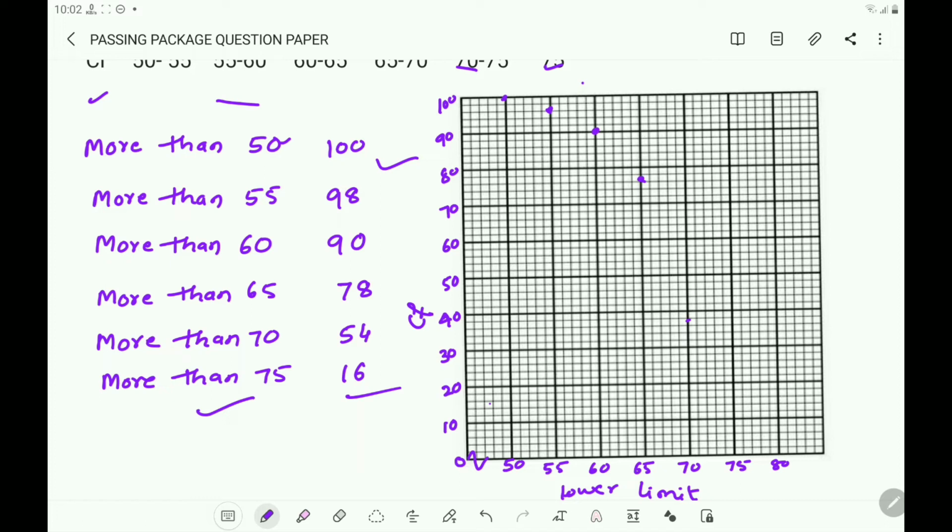And for 70, 54. 54 comes here. Then for 75, 16. 16 means it is 2, 4, 6 you will get here. Now you join the points here.